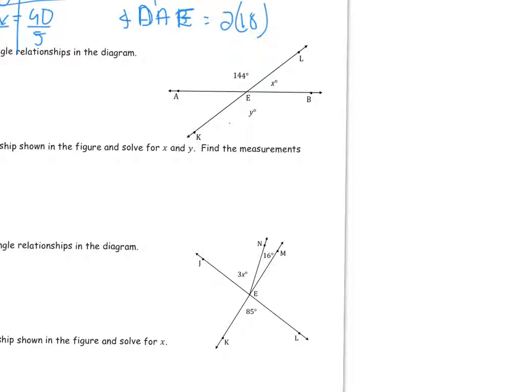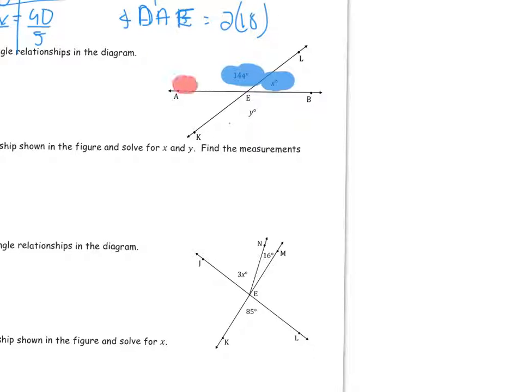So again, for the sake of time, I'm going to quicken this up a little bit. You should be writing down the complete answers, but I'm just going to be saying it out loud. The first thing it says is describe the relationship. Well, I can see that if I'm trying to figure out x, then my known is the 144.